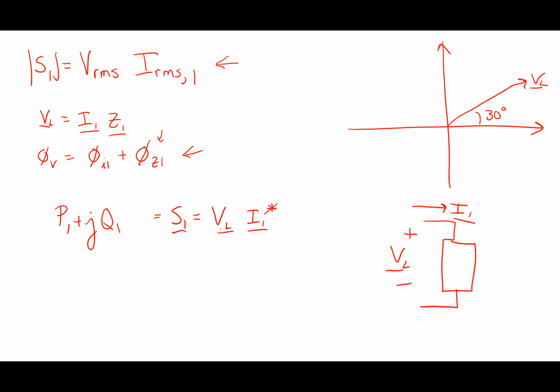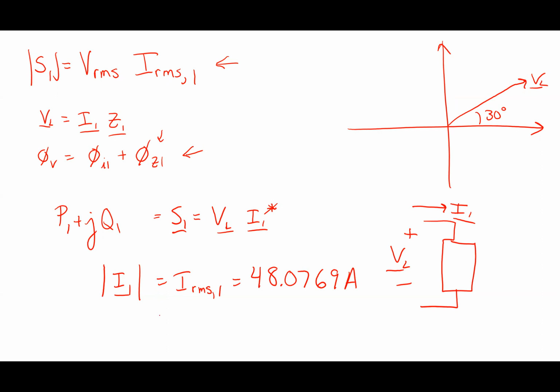If I do the math, either way, what I'm going to end up with is that the magnitude of I1, which is that IRMS1, it's written there, that'll work out to be 48.0769 amps.